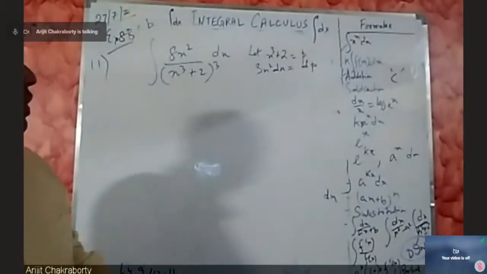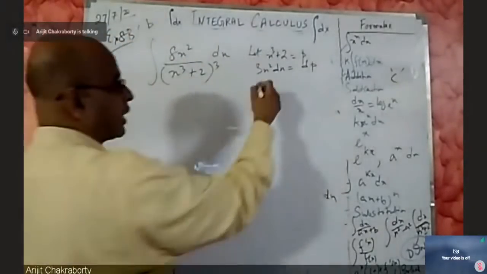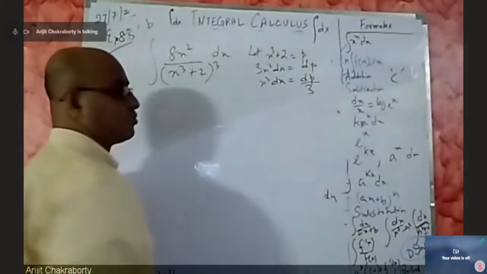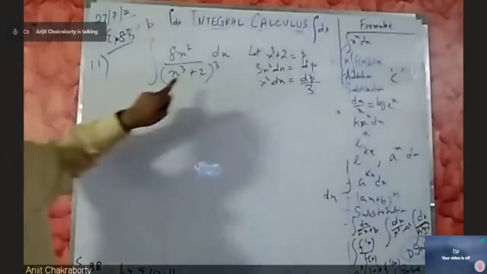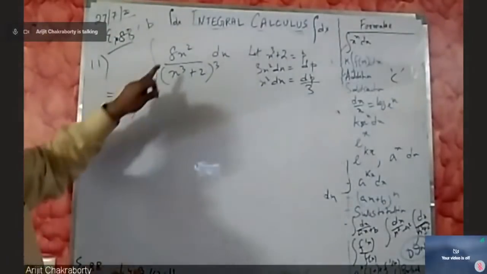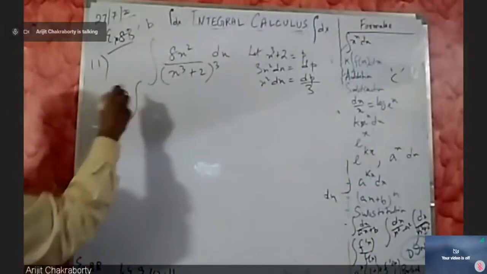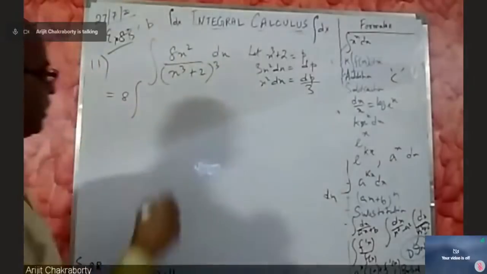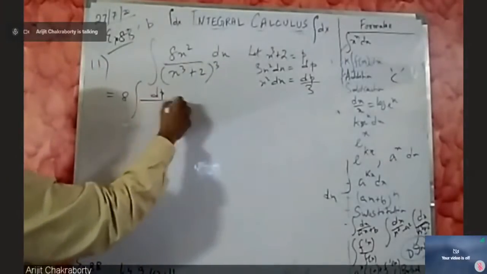Or I can write x square dx is equal to dp by 3. Fine. I take this and put it here. So the given expression now becomes, I can keep 8 outside. You have x square dx. x square dx is dp by 3. So I write dp by 3.